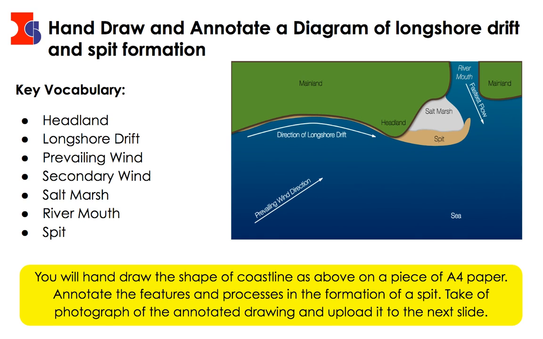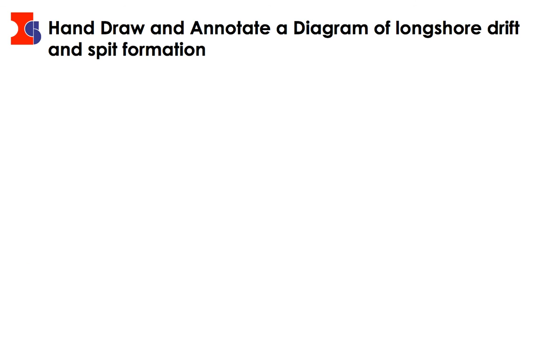As I say, this is a key skill in geography. You will have to do some drawings and some annotations in part of the exam, so this is why we are practicing this. Once you've completed that, take a photograph and add it to the final slide.